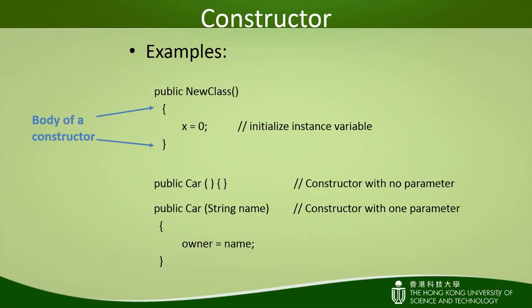Here, two constructors are declared for the same class. The first one has no parameters, and nothing is done by the constructor. The second one takes one parameter of type String and it changes the value of the instance variable owner to name as specified by the parameter.